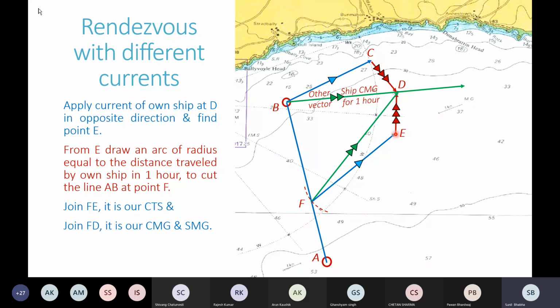The red color vector Echo to Delta is the current which is applicable at own ship location. And the resultant of these two, that is blue and red vectors, is the green color vector Foxtrot Delta. The resultant of CTS and current is the course made good. So this is the course made good vector for own ship.